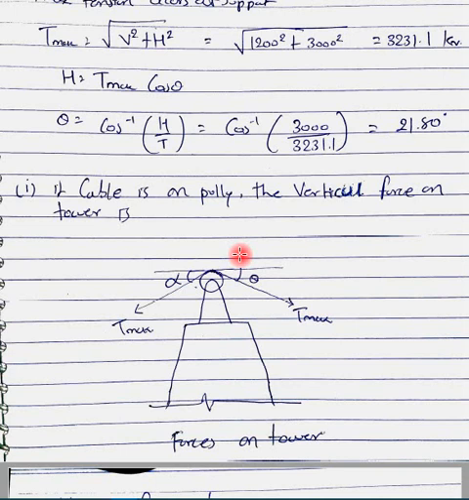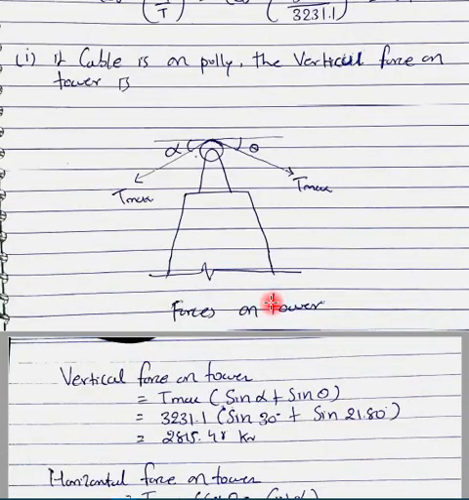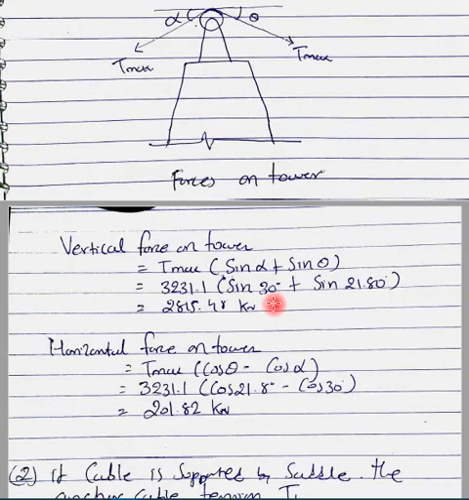You can see in our first video on cables and arches, I have shown you the equation of H. So H is T max cos theta, and theta will be cos inverse H by T. So our theta will finally be 21.80 degrees.